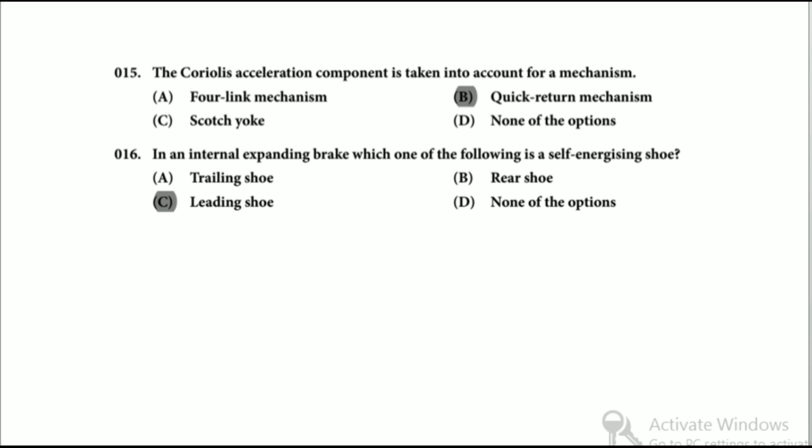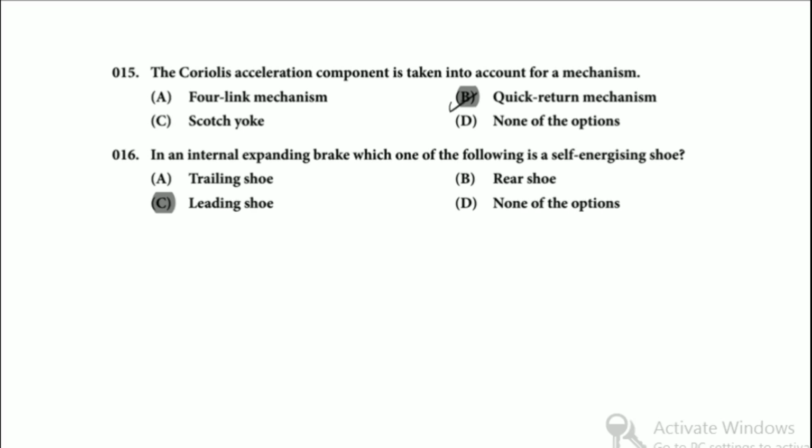In the four bar link mechanism and the Scotch yoke mechanism, we do not have such a condition. But in the quick return motion mechanism we have a point on a link which is sliding along the rotating link. So the answer should be B, the quick return motion mechanism, where we need to consider the Coriolis acceleration component.